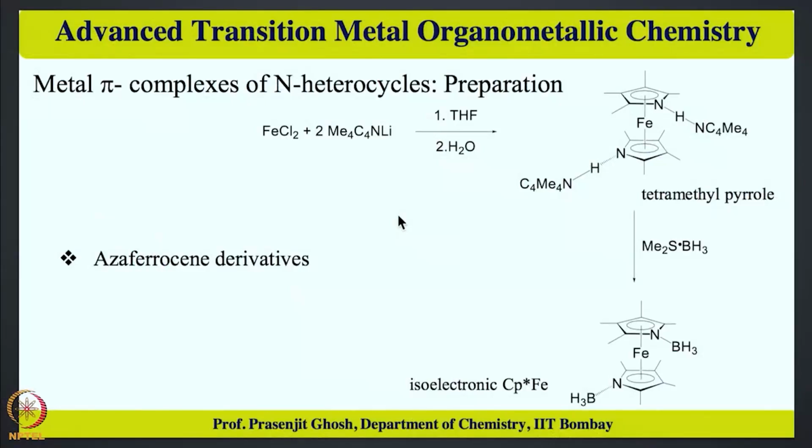So, another interesting example are these azaferrocenes. In the previous example, what we had seen is a sandwich complex where one ligand was Cp and the other was a pyrrole ring.